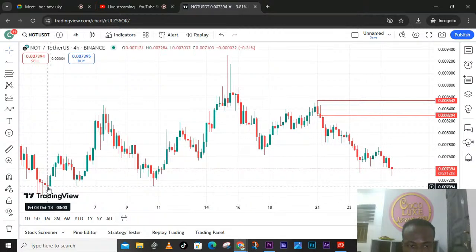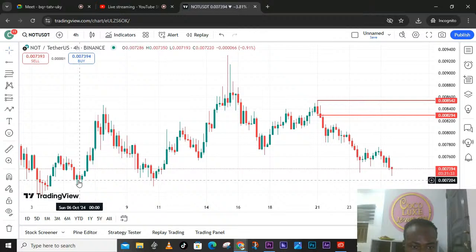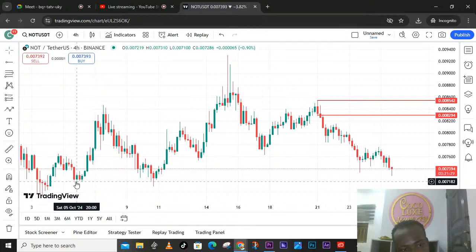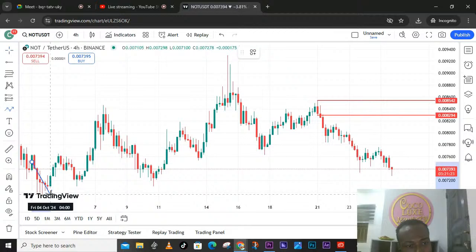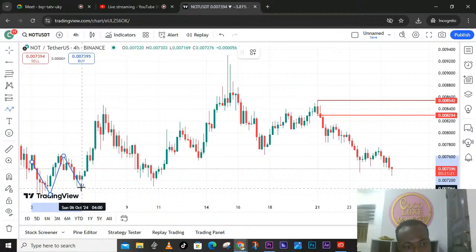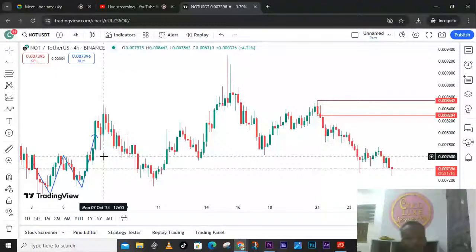From 7, around there, he went up. You're talking about something like this. This is what you call a W pattern. Something like this is not a W pattern.